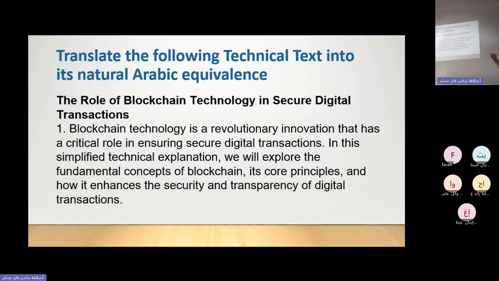In this simplified technical explanation, we will explore the fundamental concepts of blockchain, its core principles, and how it enhances the security and transparency of digital transactions. Okay? I will give you 5 minutes to start with, and we will see if we need more time. Go! Online, also try to translate it. You have 5 minutes for now, and if we need more, I'll give you more.